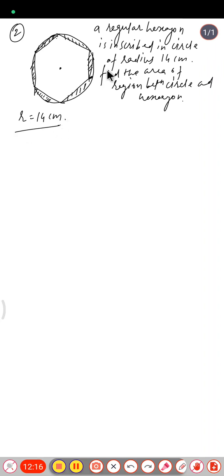We have to find this shaded region between the circle and the hexagon. The value of pi is given as 22/7, and root 3 is 1.732. Clear?